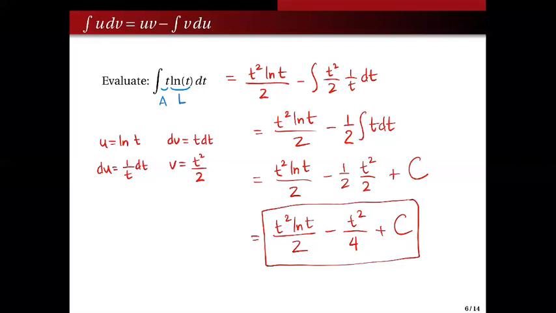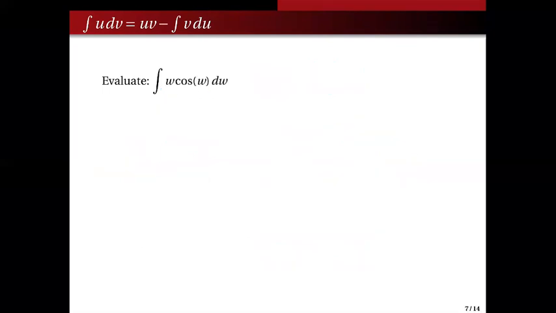Okay? Next problem here. We have the integral of w cosine w dw. So for this, you have w, again, polynomial, that's algebraic. And then you have cosine w.